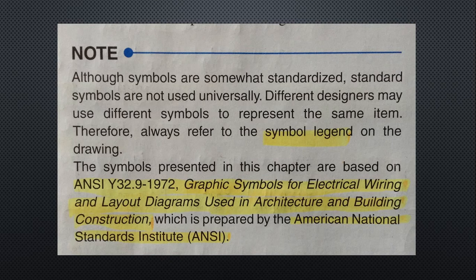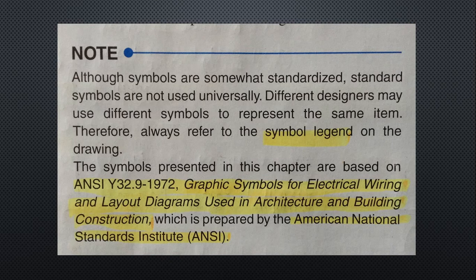Note, shown on the screen: although symbols are somewhat standardized, standard symbols are not used universally. Different designers may use different symbols to represent the same item. Therefore, always refer to the symbol legend on the drawing.